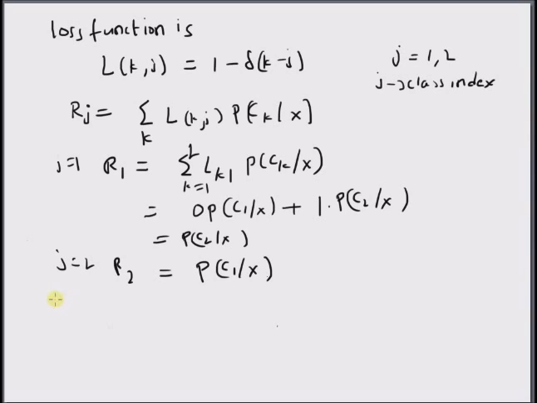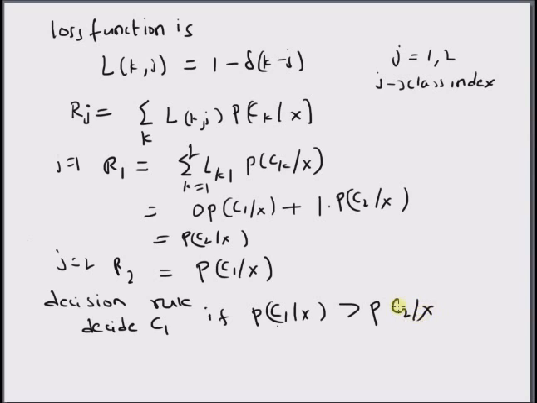So clearly the decision rule is: decide class 1, that is C1, if the probability of C1 given x is greater than the probability of C2 given x. Because for j equal to 1, we see that the risk function or expected loss is equal to the probability of C2 given x.